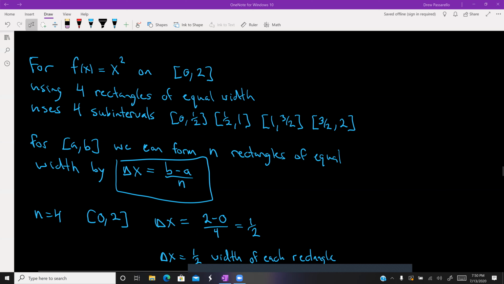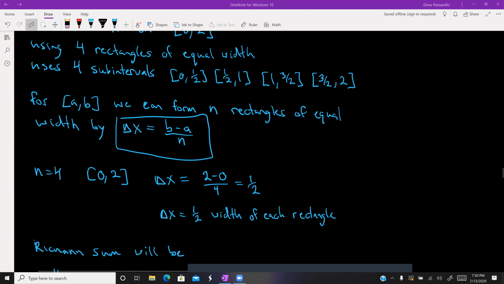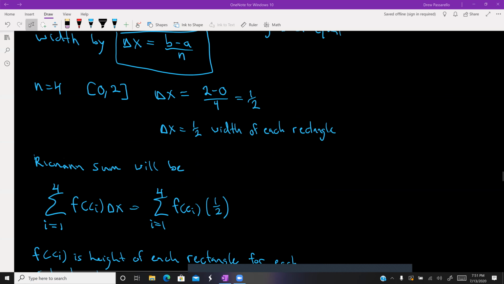So in our case, a is 0, b is 2, and we want n equals 4 rectangles. So the width would be 2 minus 0 over 4, which gives you a half. So delta x is 1/2. And then for our Riemann sum, you plug 4 in for n, so it goes from i equals 1 to 4, of f of ci times delta x, and in this case delta x is a half.